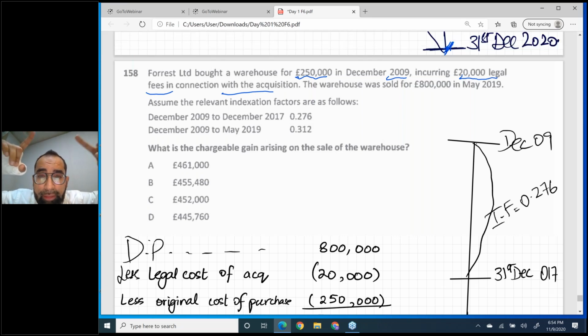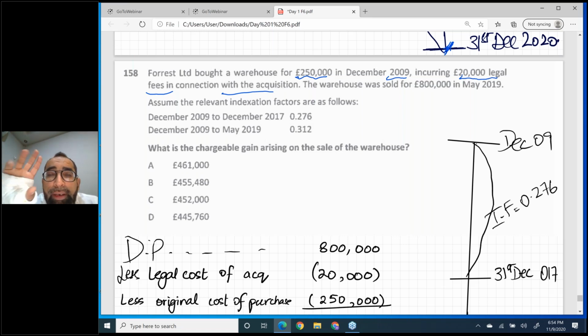I told you on the first initial slides of capital gains that legal cost to buy or sell your chargeable asset is allowed. And as this is the legal cost of acquisition, this cost is also incurred on the same date, December 2009. So we had two costs on 31st December 2009: one is the 250,000 original purchase cost, and the second is the legal cost to buy this asset.